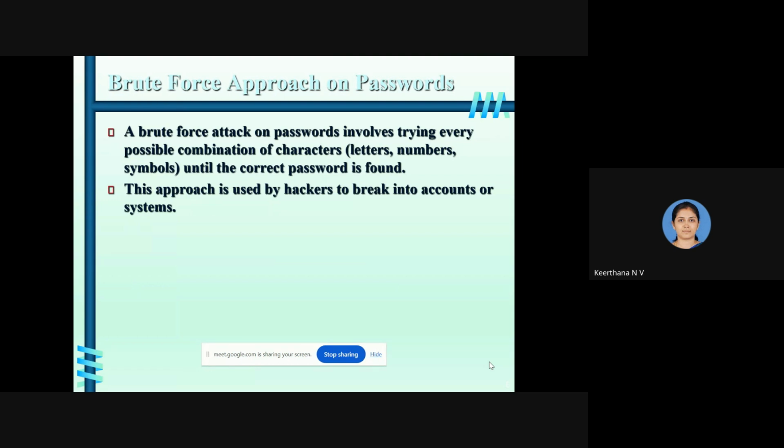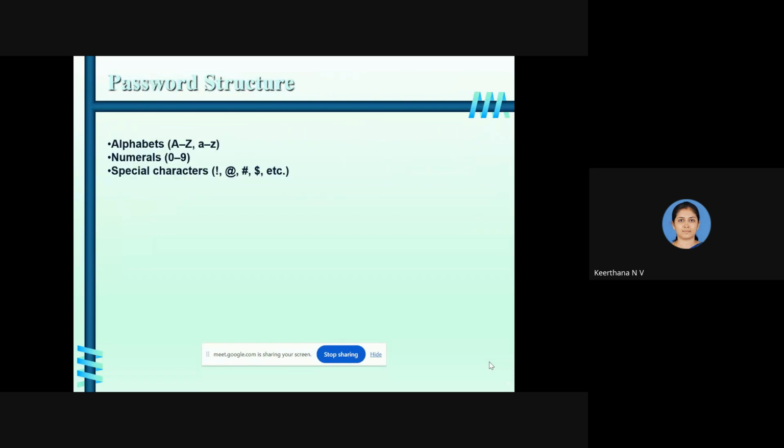In some forms they will allow you to enter above 8 or 9 characters. Those 9 characters should be a combination of letters, numbers, or symbols, uppercase or lowercase letters. So they form their own set of rules for setting up your password. The password structure will be like this.